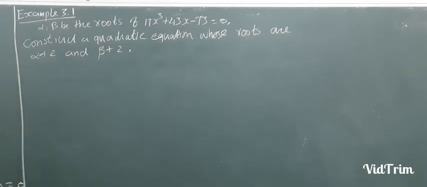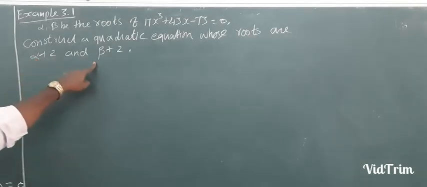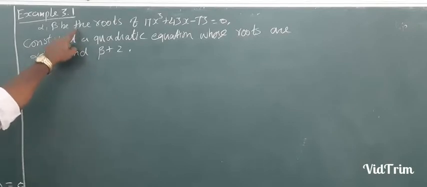So this is the question. Now we compare the alpha and beta of this equation, and then we construct the quadratic equation using the values of alpha and beta. So we obtain alpha and beta from these equations.